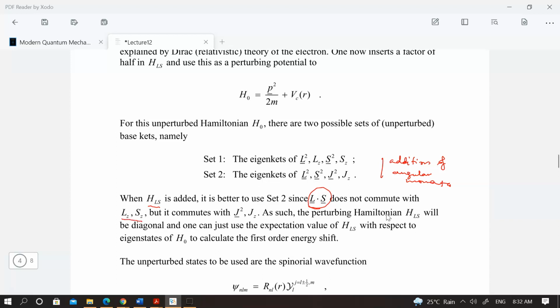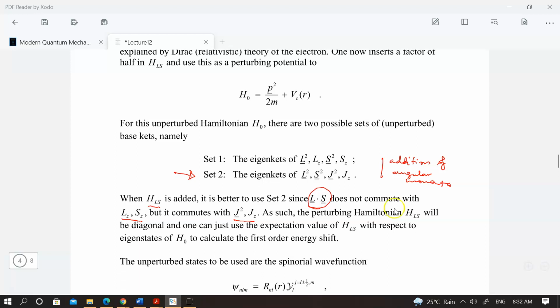The perturbing part will not commute with Lz and Sz, but it will commute with J squared and Jz. So there's a preference when you introduce this operator in the perturbing Hamiltonian. We will use set number 2 for the unperturbed states.